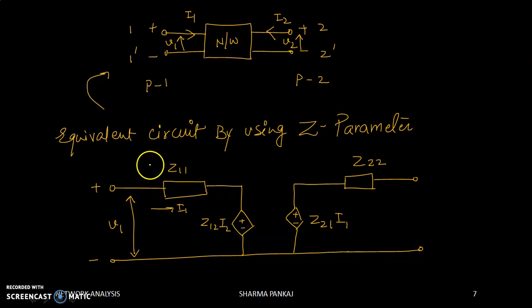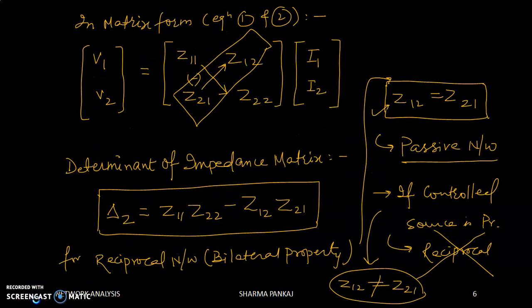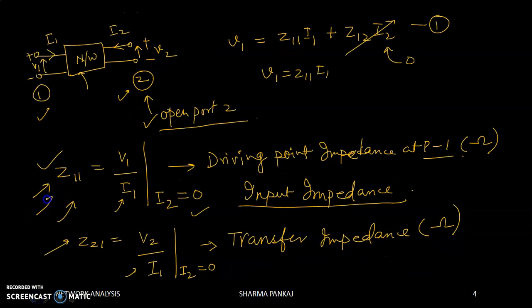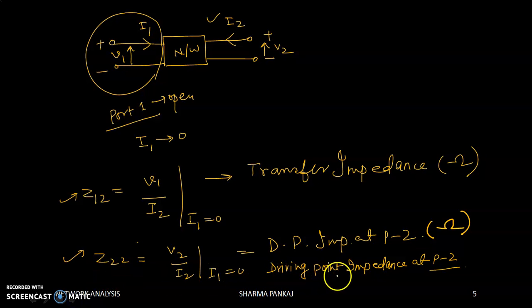This is the self impedance of port 1, and this is the self impedance of port 2. Z11 is your input impedance, and Z22 is your driving point impedance at port number 2, and the unit is ohm.